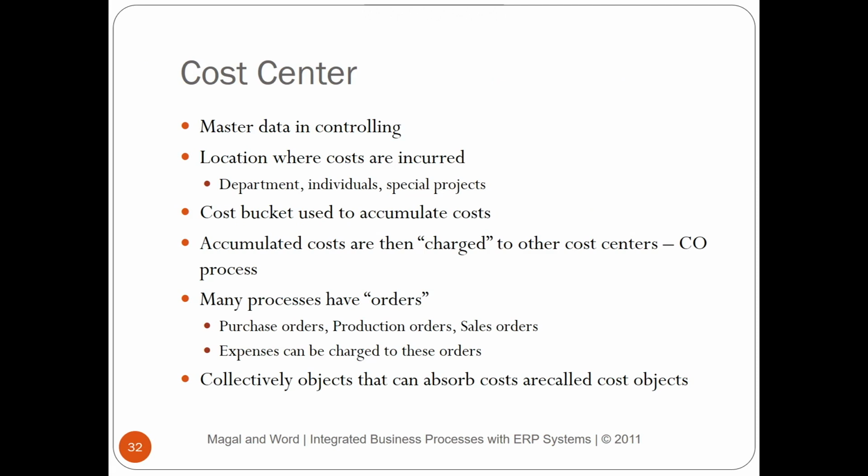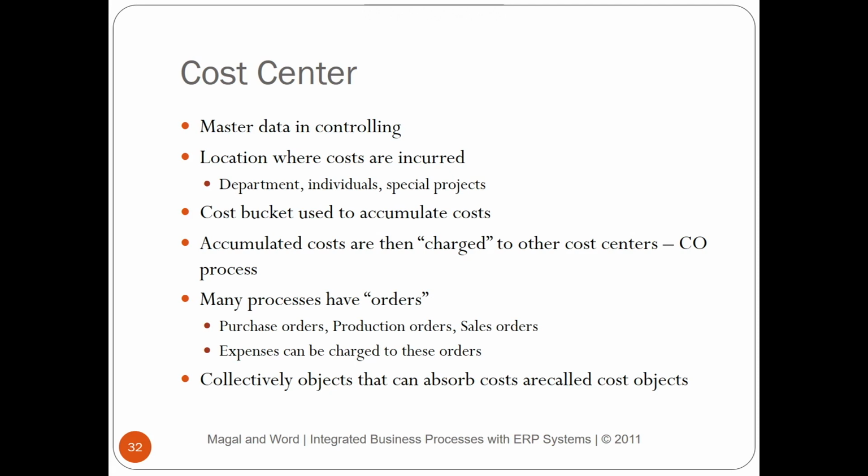The cost centers can be associated with departments such as marketing and finance, with locations such as plants, and with individuals. A cost center is something that absorbs the costs that are generated by the company when it executes the process. For example, when the company purchases supplies, it assigns the cost of the purchase to a cost center.